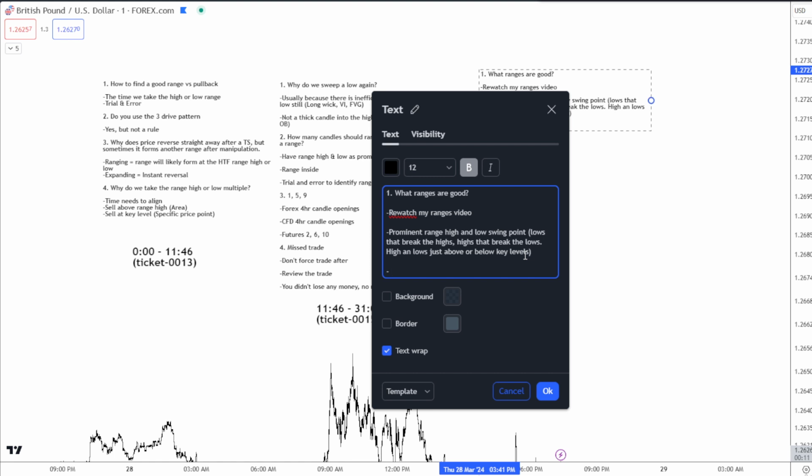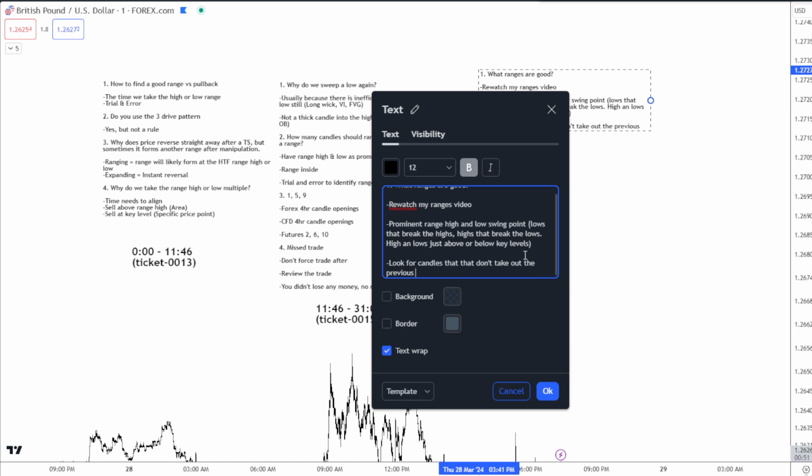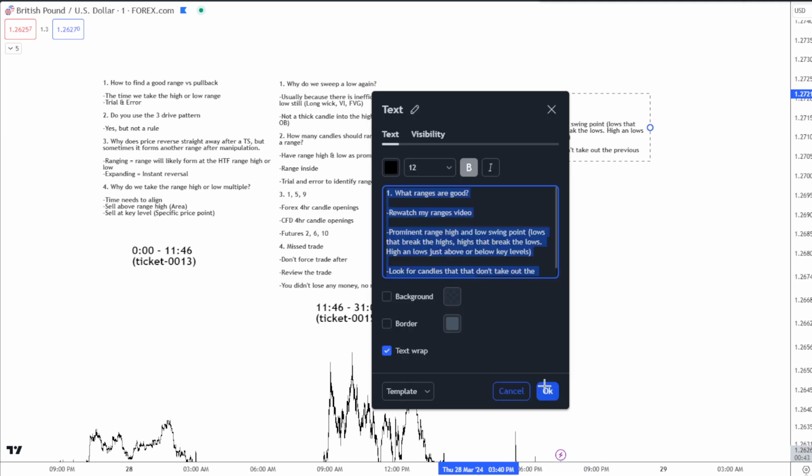And then look for candles that don't take out the previous candle high or low. Right, so where we range, or we actually range inside of the candle.